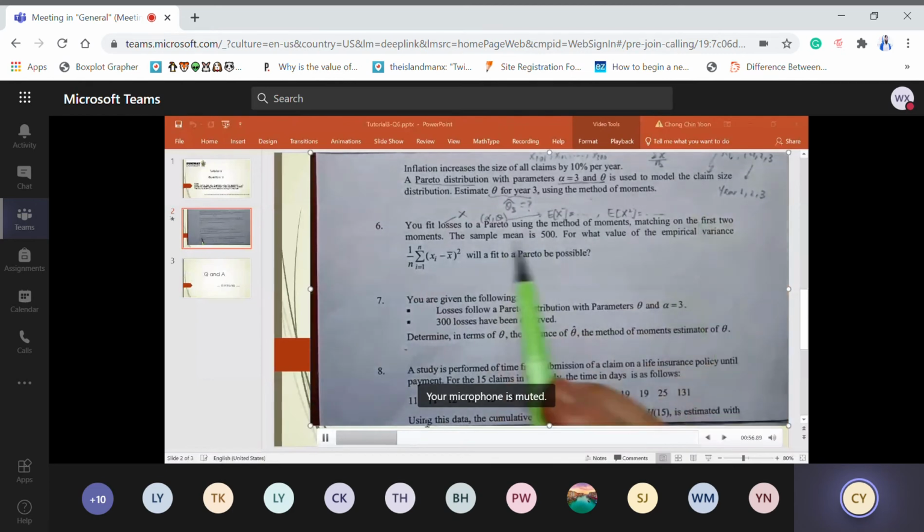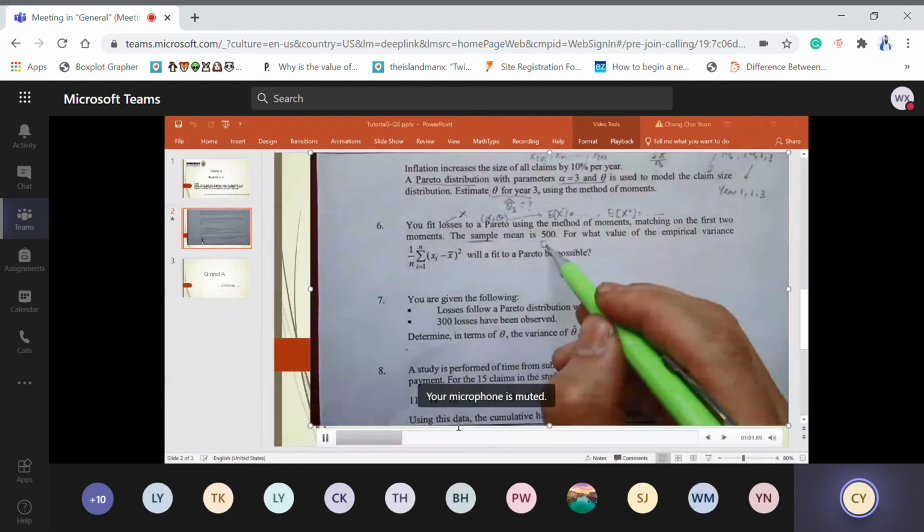And similarly, from the sample moments, it is given that the mean is 500, and this will be equal to this.